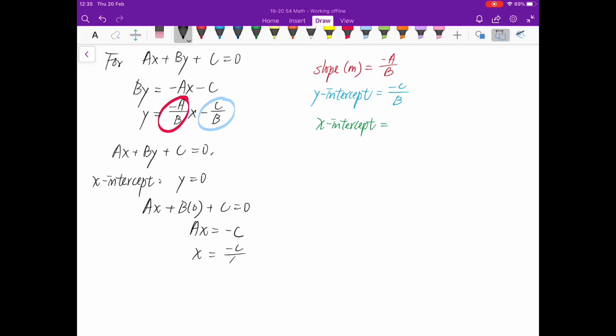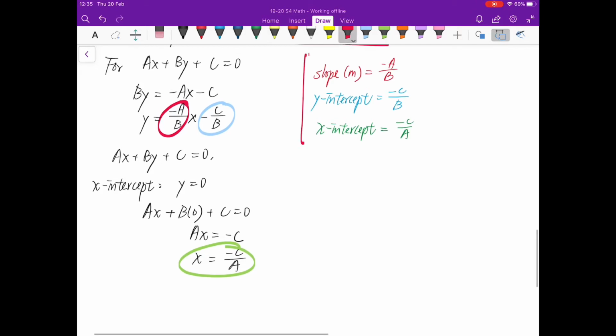So x equals negative c over a, which is the x-intercept. Therefore, if you memorize negative a over b, negative c over b, and negative c over a, we can find the slope, y-intercept, and x-intercept of the equation of a straight line.